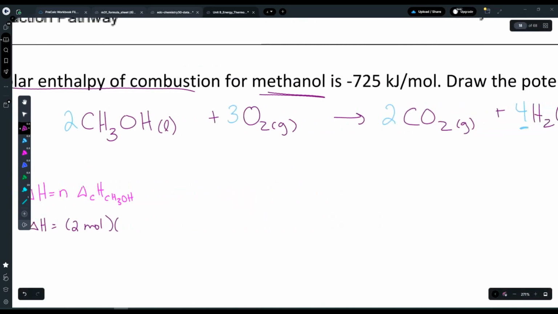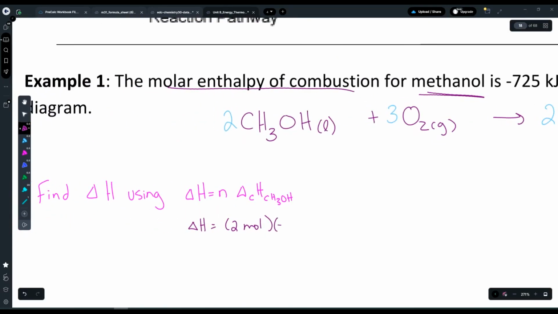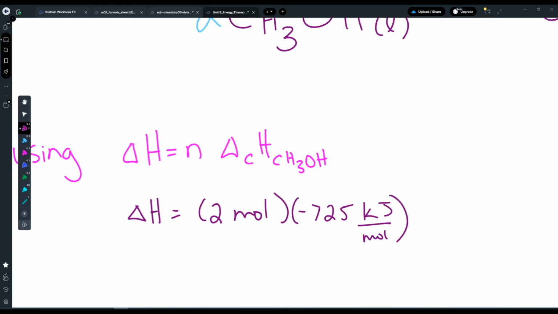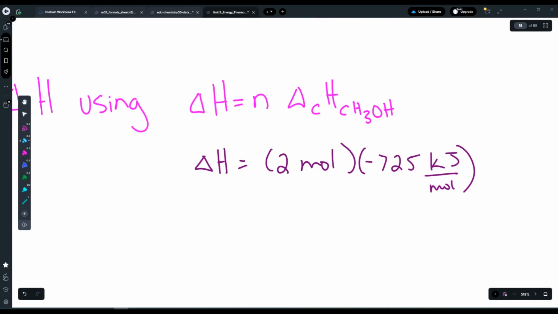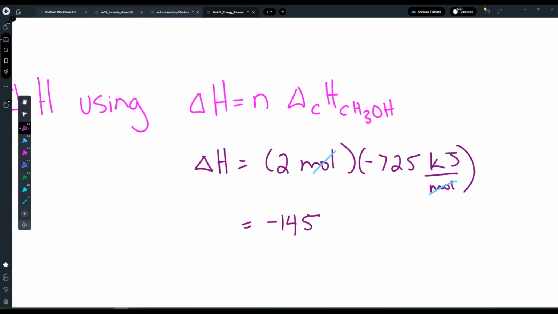And then our molar enthalpy of combustion was negative 725. So moles cancels out. So 2 times negative 725 is going to give us negative 1450. And that's going to be kilojoules.